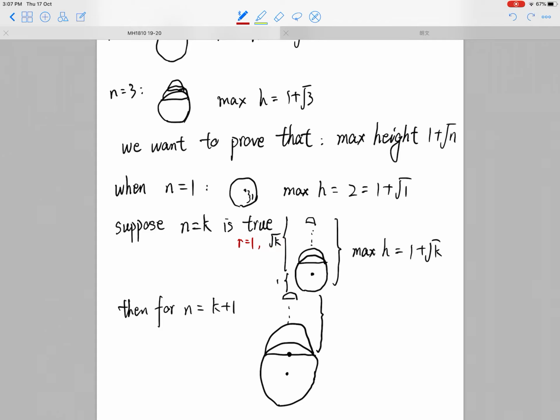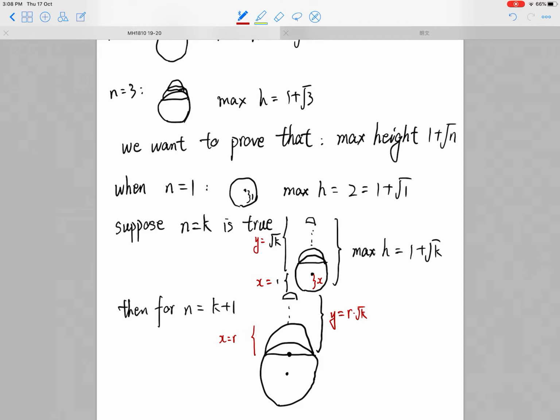Okay, let's say when this part is 1, okay, when x is 1, this is y equals square root of k, right? What if now for this part, now x is, let's say, r, let's call this part r, then the y should be r times square root of k, right?